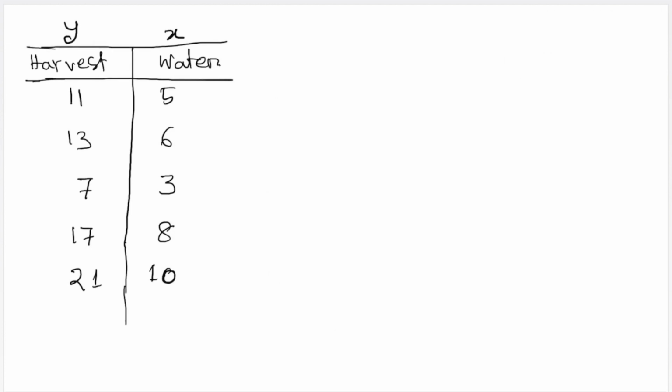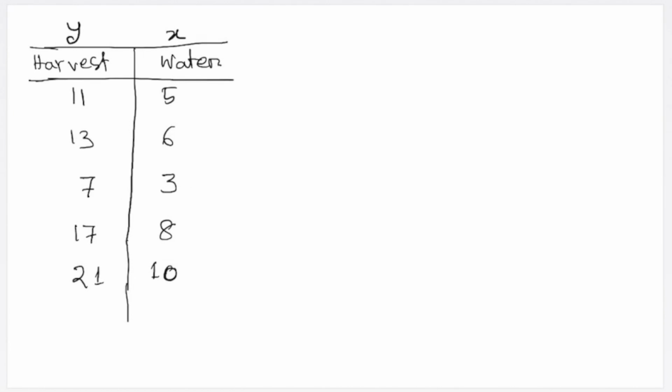Let's say that our y, or the dependent variable, has slightly different values. Let's say that for a water amount of 5, the harvest amount is 10. For water amount of 6, the harvest amount is 15.